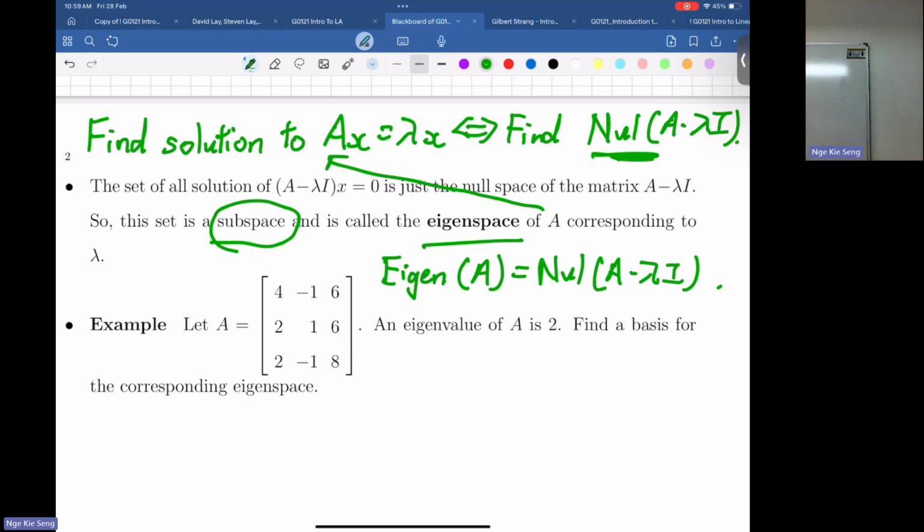It's a small difference you need to notice here. When we talk about the eigenspace of A, actually we are talking about the null space of A minus lambda I. So the subject changes. One of them we look at A, the other one we look at A minus lambda I. Okay, so please don't confuse, because a lot of students get confused.